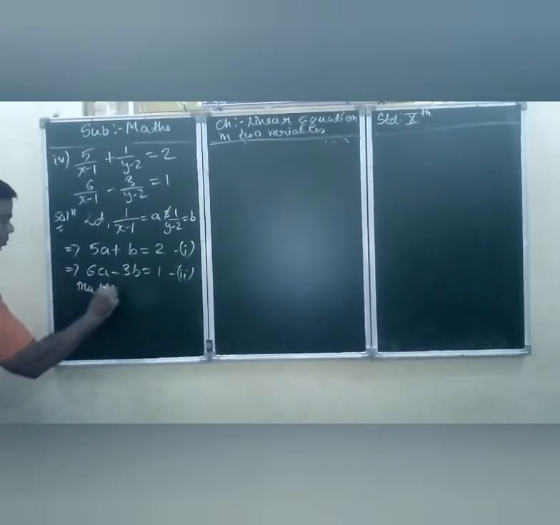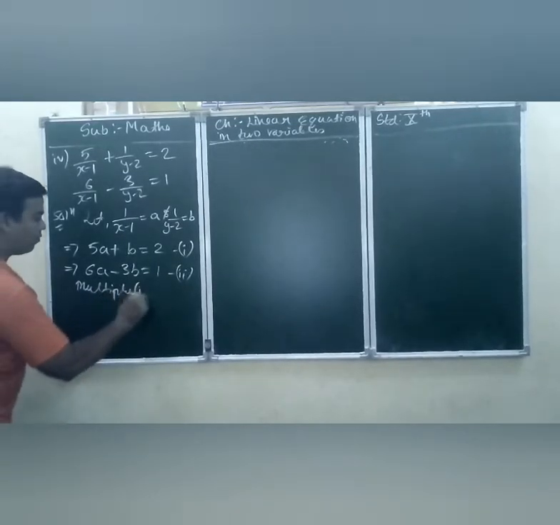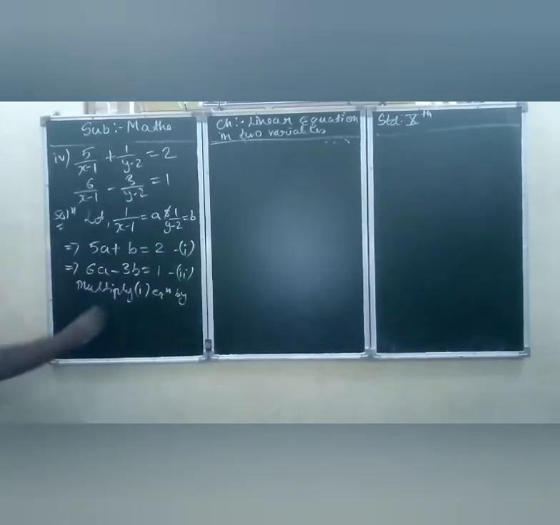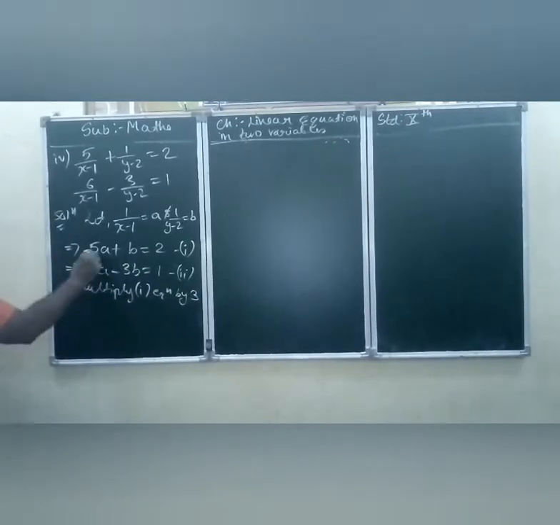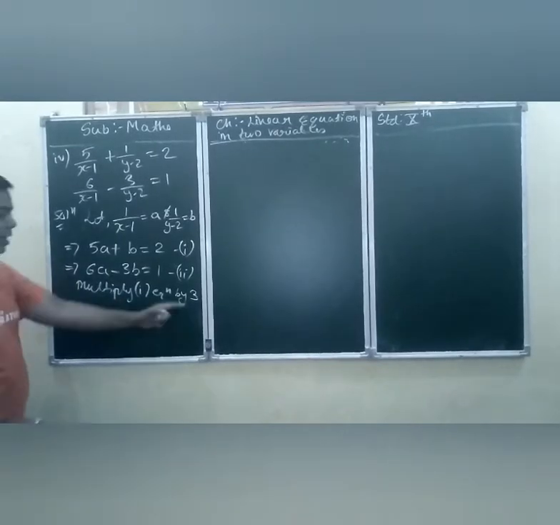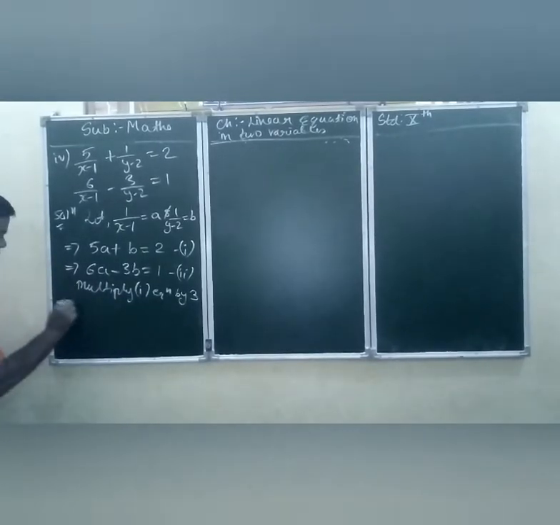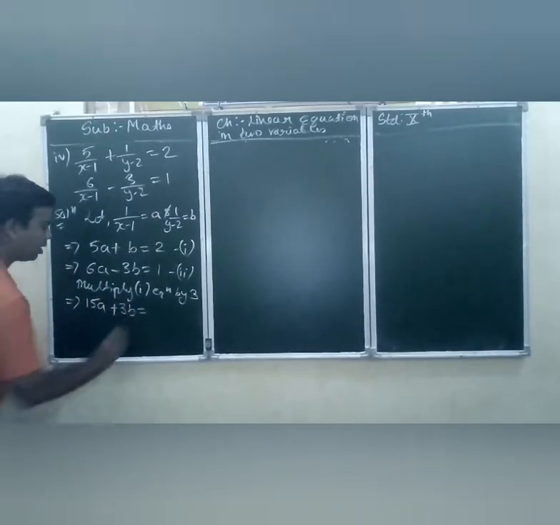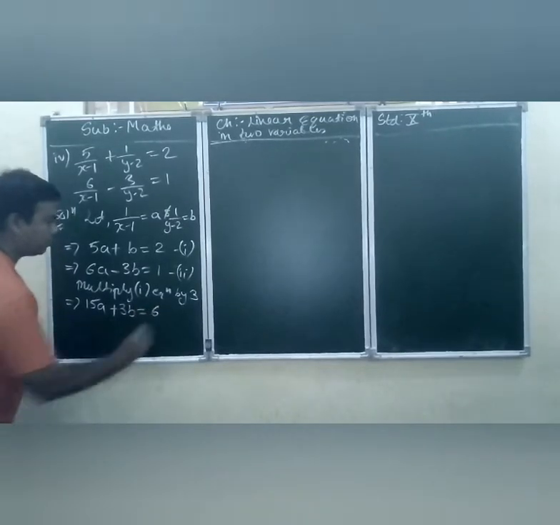Multiply the first equation by 3, the whole equation. So 15a + 3b = 2 times 3, which is 6.